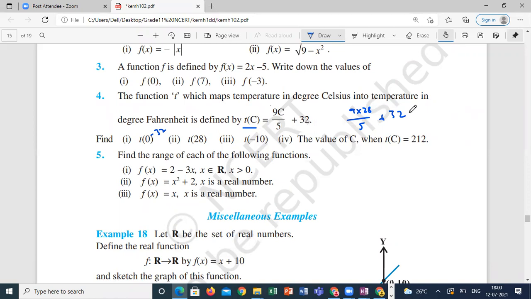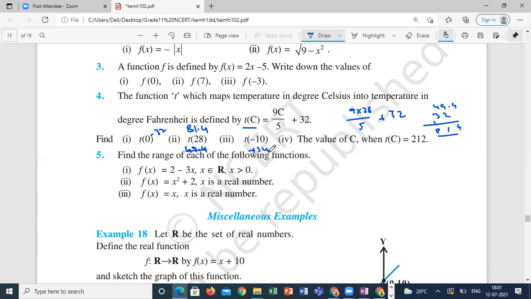How much? 9 into 28 by 5 is how much? T of minus 10? Minus 10 means minus 18 plus 32, that is 14. Am I right?